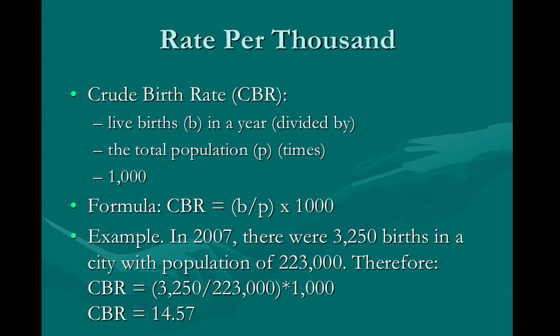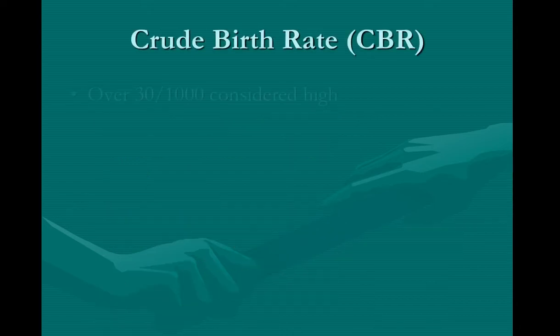So again, I know this doesn't mean anything necessarily by itself, but what we begin to do is compare the birth rates amongst different countries, and we look at that number and we see whether or not it's indicating a growth or a decline. Anything over 30 per 1,000 is considered high.